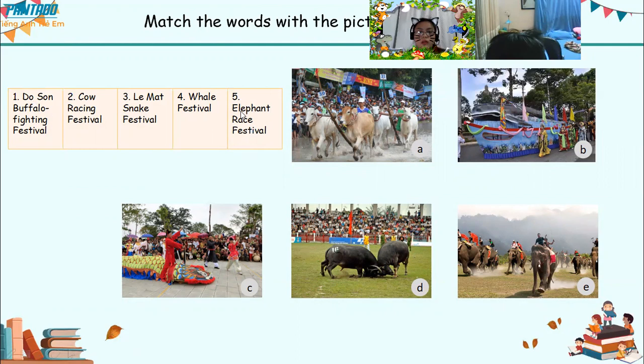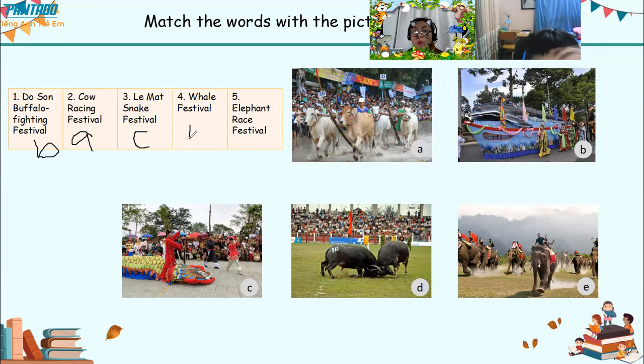One is letter B. Number two, A. Number three, C. Number four, B, as in boy.